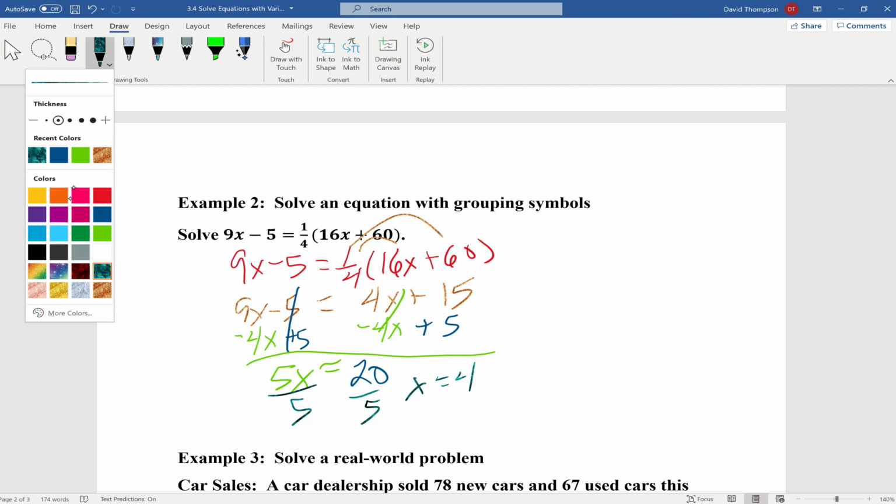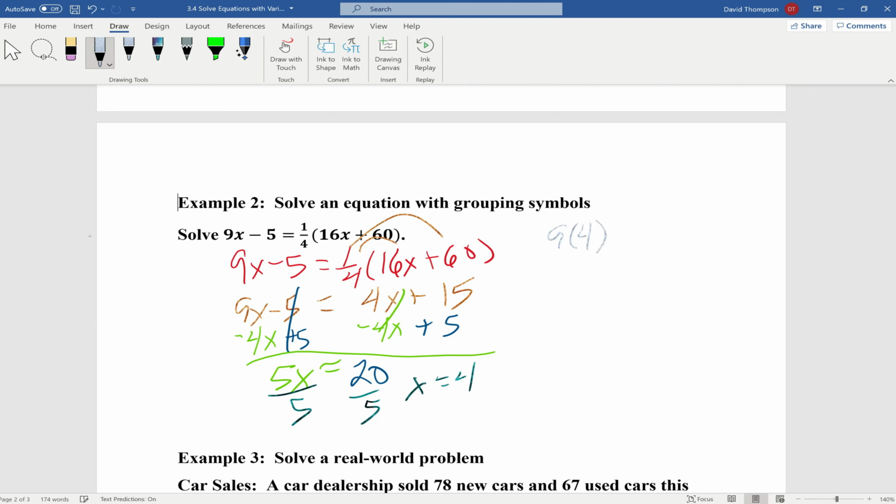Now, if we want to check and see if our work's correct, we just plug in 4. So we have 9 times 4 minus 5 equals 1/4 times (16 times 4 plus 60). 9 times 4 is 36 minus 5, and 16 times 4 will be 64 plus 60. 36 minus 5 is 31 equals 1/4 of 124, and 1/4 of 124 is 31.